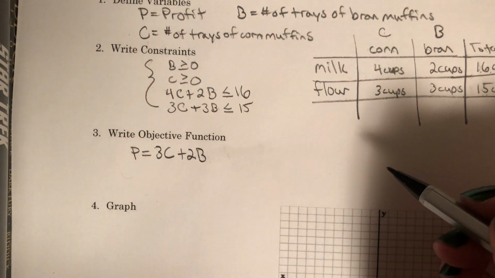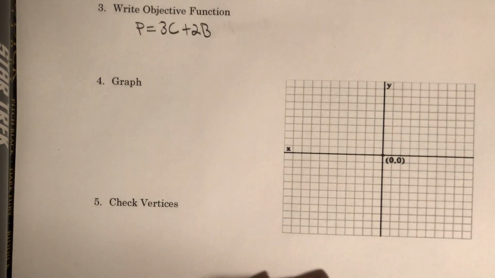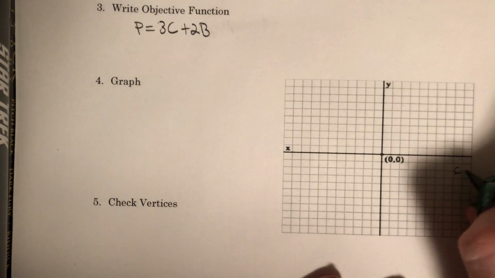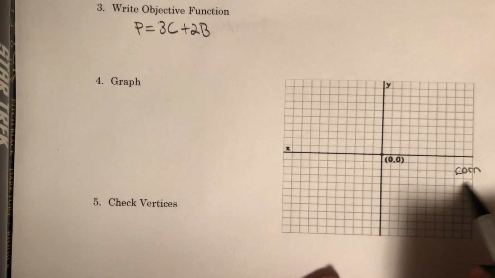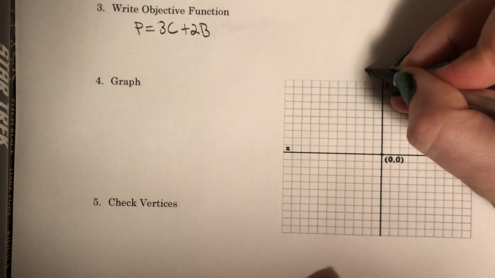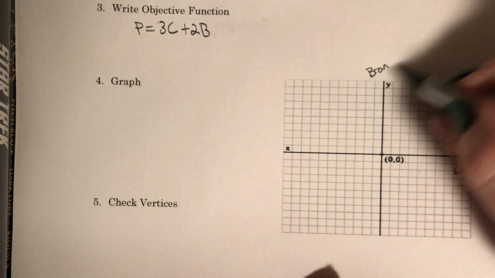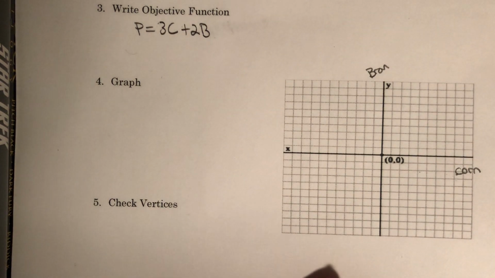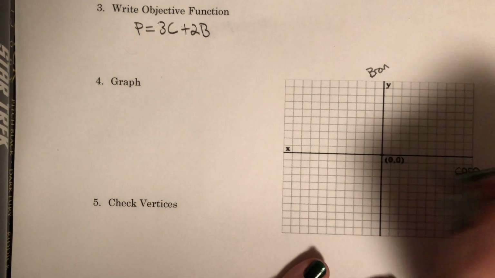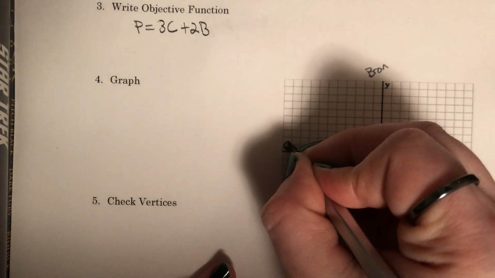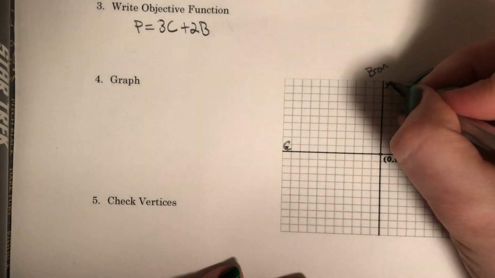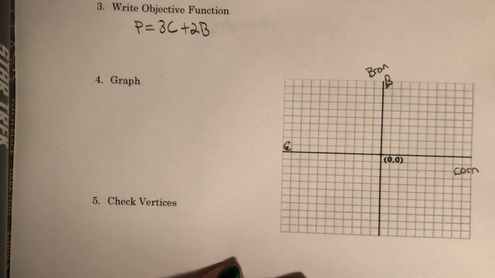Now it's time to graph. So down here on my graph, I'm going to write corn along the X and bran along the Y. So for this case, my x-axis has now become my c-axis, and my y-axis has become my b-axis.